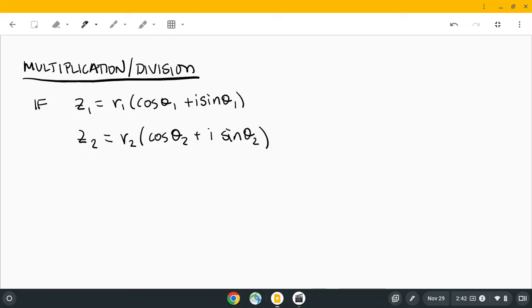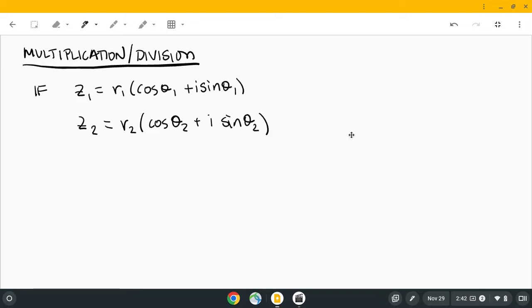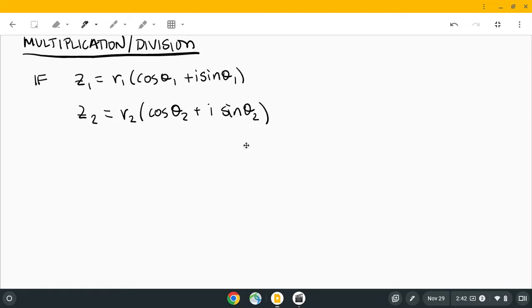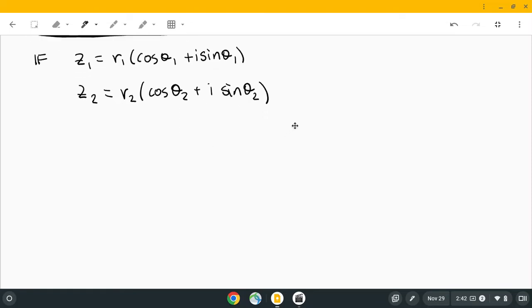Okay, so here are our 2 complex numbers. Then Z1 times Z2 is going to equal, this is a nice sweet little formula, R1 times R2 and cosine of theta 1 plus theta 2.